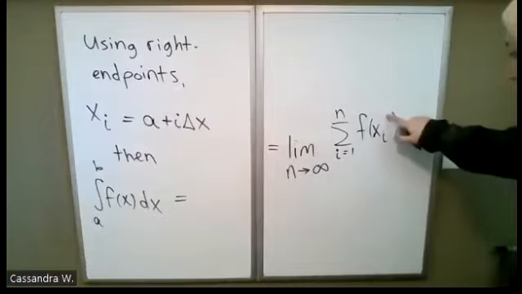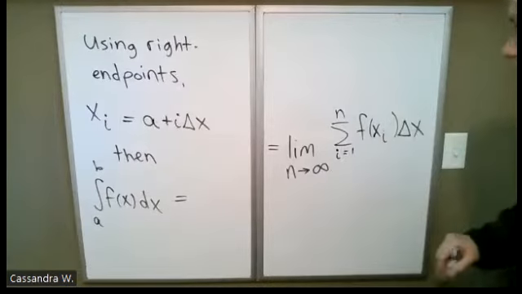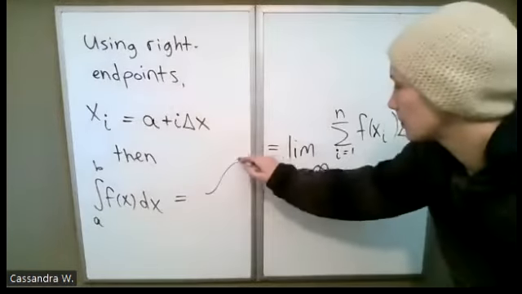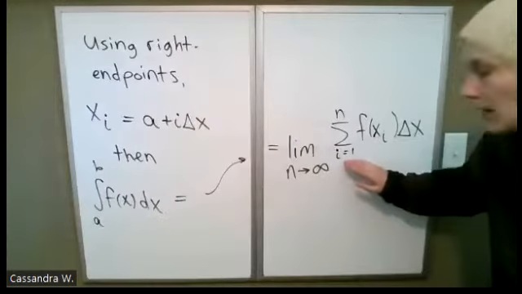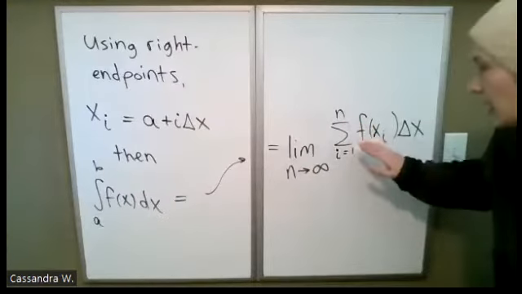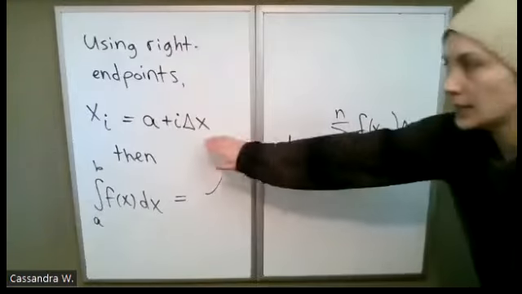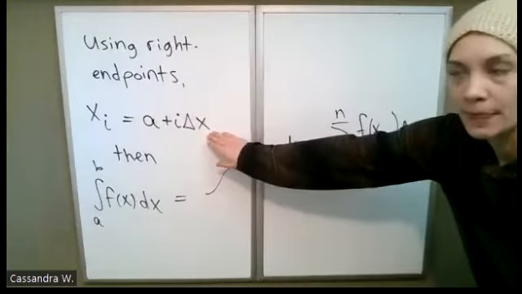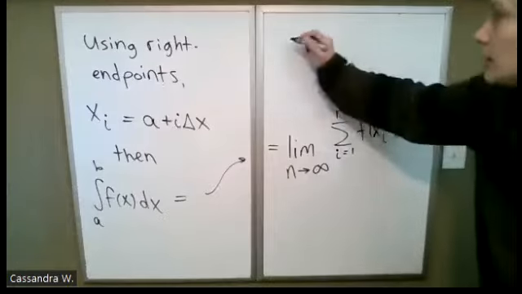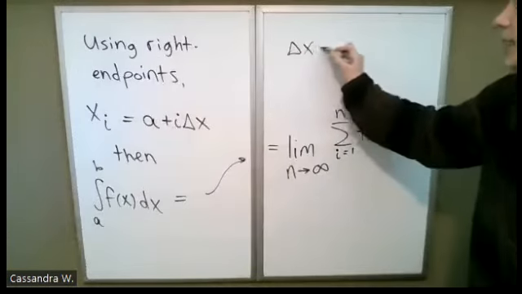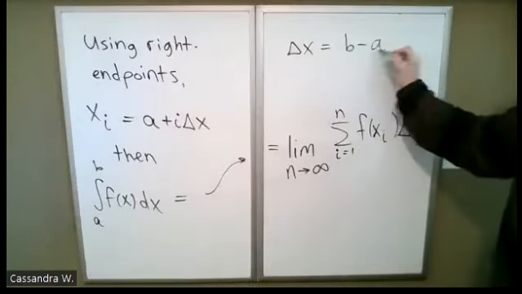You don't need a star. So maybe the limit as n goes to infinity from i equals 1 to n of f of x sub i, and this is your x sub i, and then times delta x. And just recall, delta x is b minus a divided by n.